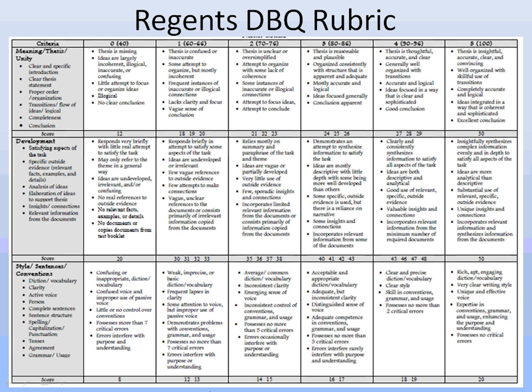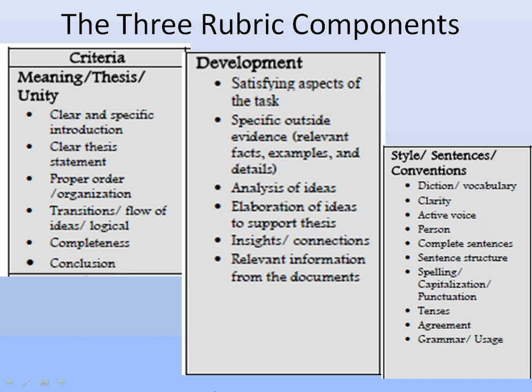I know there's a lot of writing here, and you don't have to read it right now. I'm sure you can't because it's probably too small or too blurry or something, and it doesn't matter. But I'm just going to show you the 3 major sections and what they mean close up. The first criteria section is meaning, thesis, and unity. The second criteria section is development, and the third criteria section is style, sentences, and conventions.